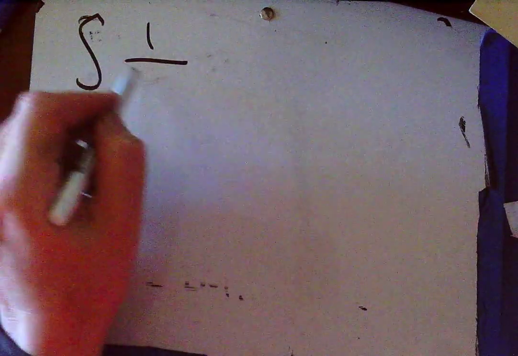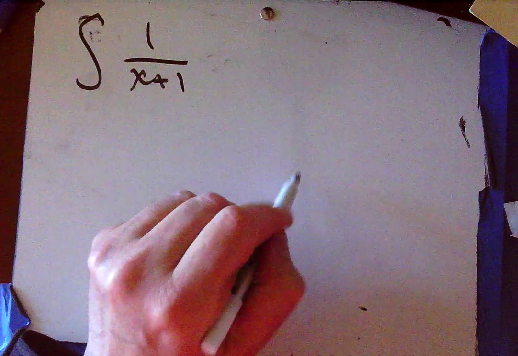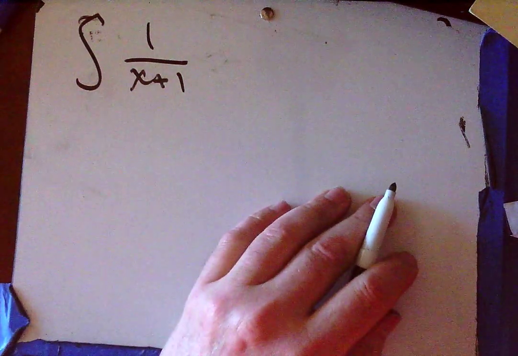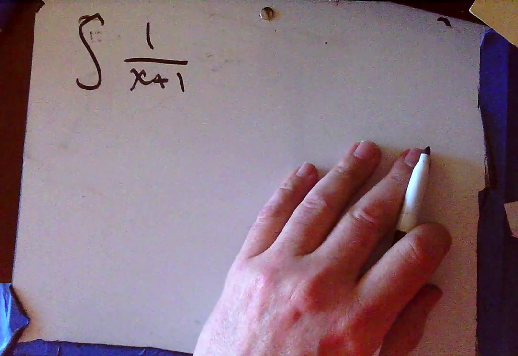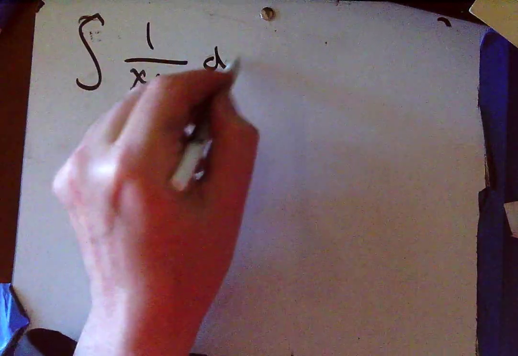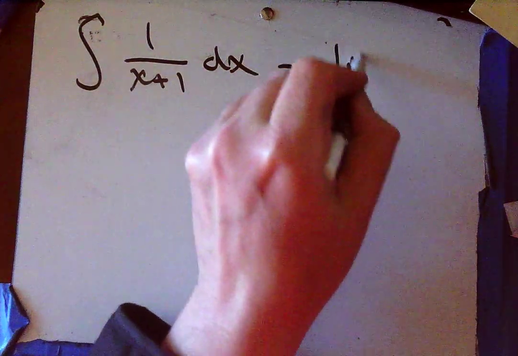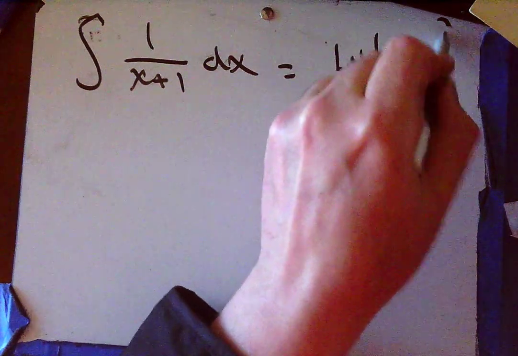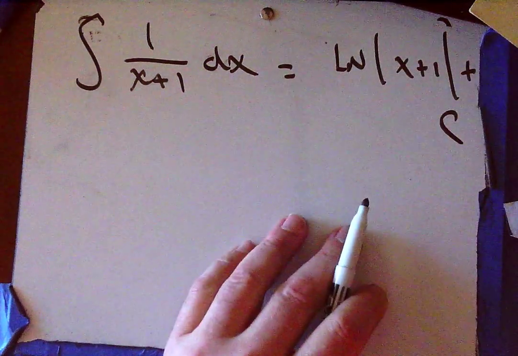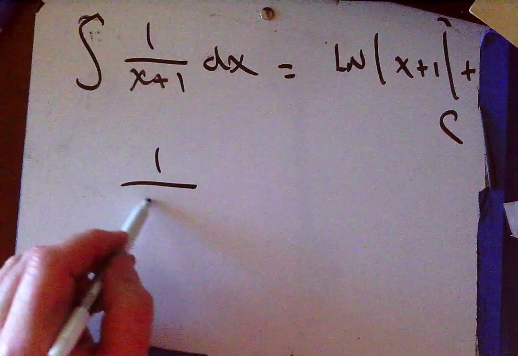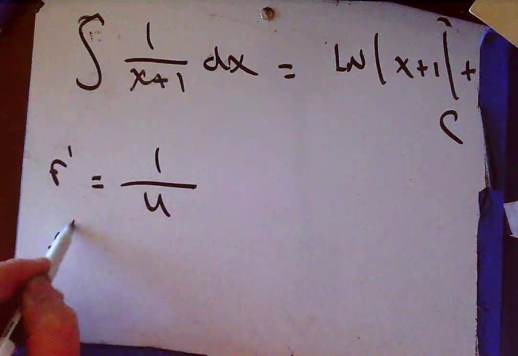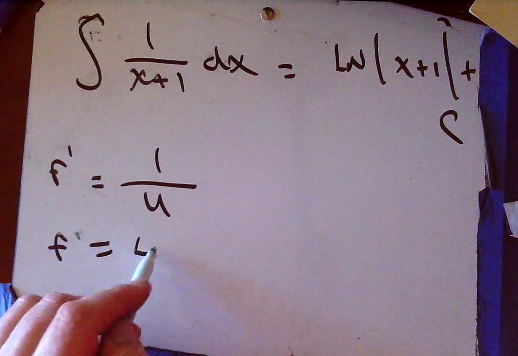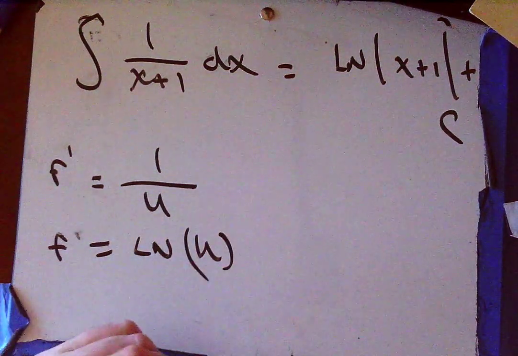The integral of 1 over x plus 1. Well, when I think about finding the value of this indefinite integral, I'm thinking about 1 over u, which means the antiderivative is ln of u.